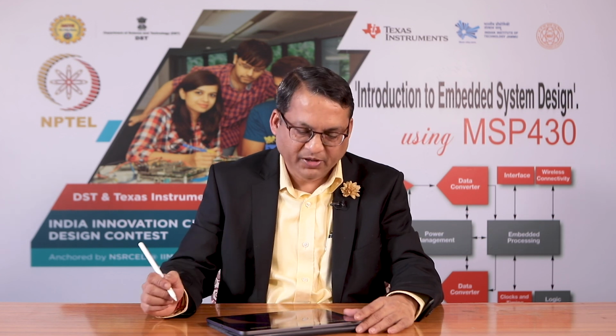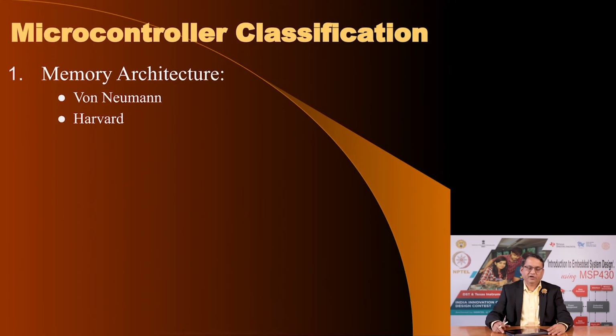And these two architectures are available. This is one method of classifying microprocessors or microcontrollers, that is, does the microcontroller that you are choosing offer von Neumann architecture for memory access or Harvard architecture.